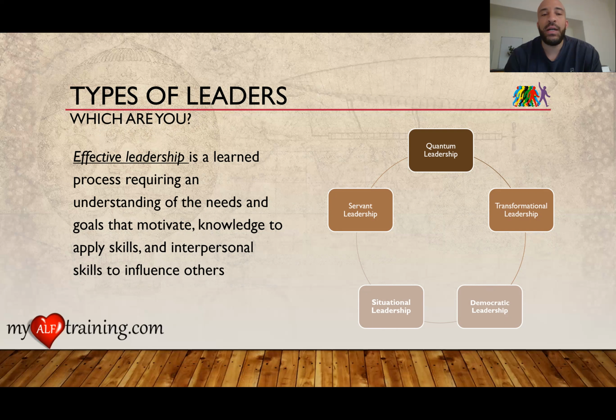It also takes a high functioning level of knowledge to apply skills properly for them to mirror and for you to be able to teach and assist them to build that trust and respect in your professional relationship with them, and also a high level of interpersonal skills to be able to communicate with them and, again, influence other people positively and lead them and guide them and motivate them and coach them through difficult situations, which are very common when you are working as a healthcare professional.